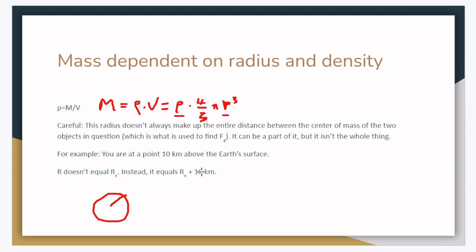However, if you're, like the problem says, 10 kilometers above the Earth, say right there, that's not drawn proportionally, obviously, then your radius will actually be that, because your centers of mass are that distance apart. So the r that you would use in this gravitational force equation would end up as the radius of the Earth plus the 10 kilometers that you're above it.